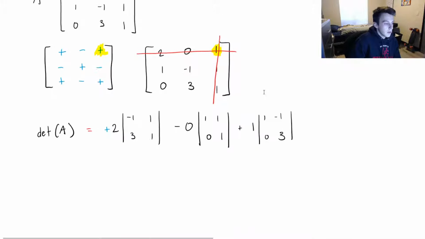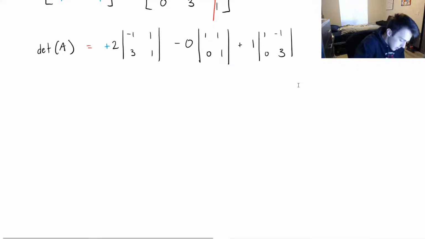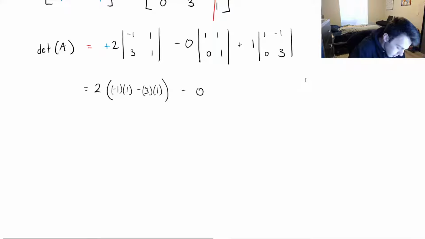So let me actually compute these. This will be 2, and then our determinant will be -1 times 1 minus 3 times 1. -0 plus, this is 1 times 3 minus 0 times -1.